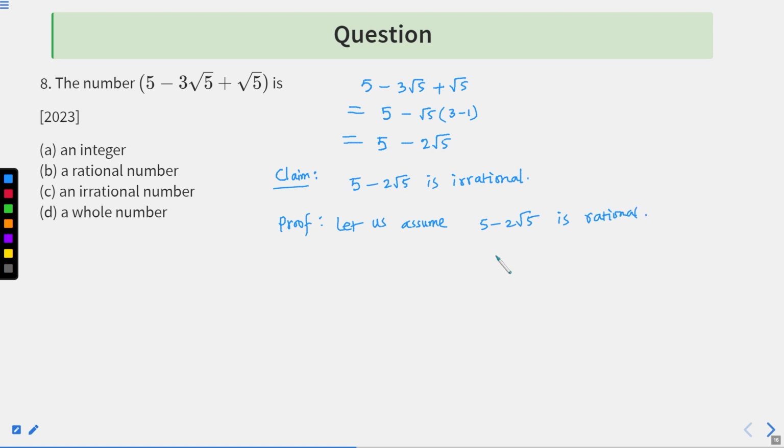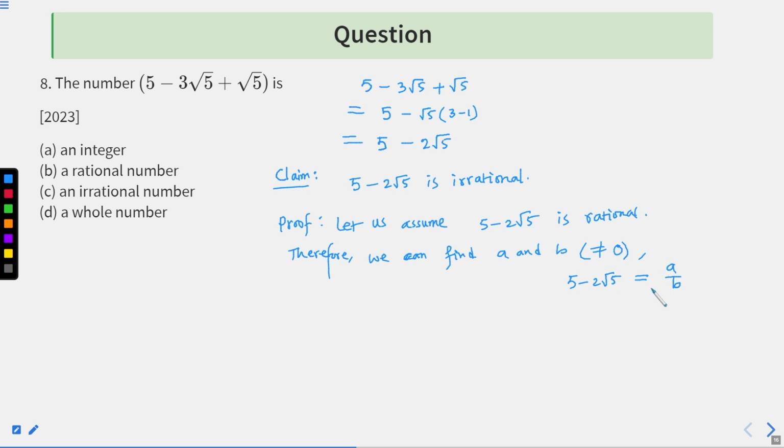Therefore we can find A and B, where B is not equal to 0, and we can write 5 minus 2 root 5 equal to A over B, since 5 minus 2 root 5 is a rational number.